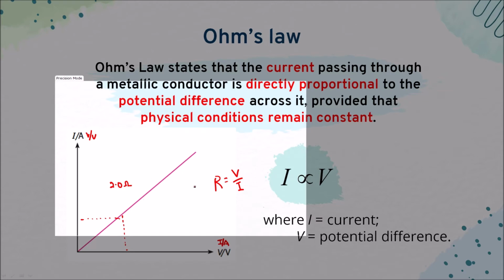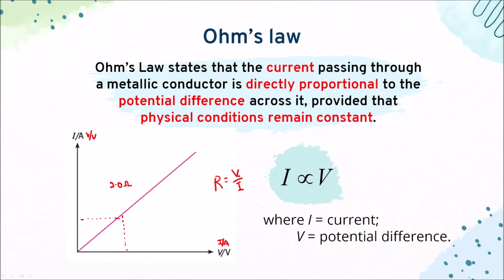The gradient represents the ratio at any one point, which is V over I, and it is always 2, which means that the resistance is always 2 ohm. So this verifies Ohm's law, saying that for a metallic conductor, the current is directly proportional to the potential difference.